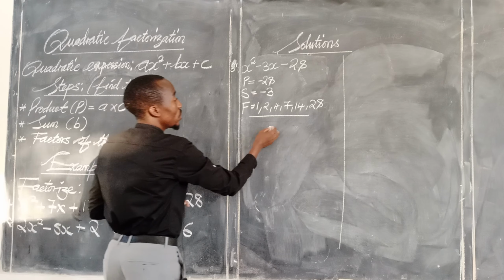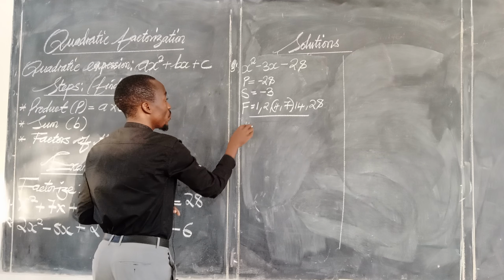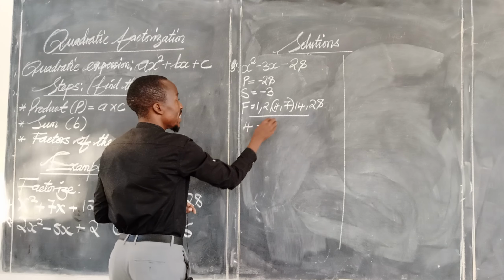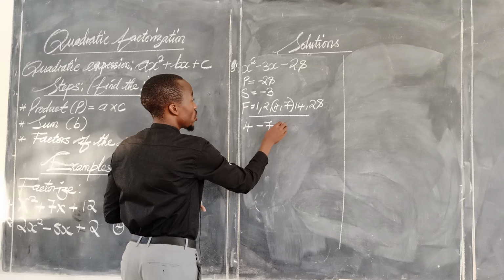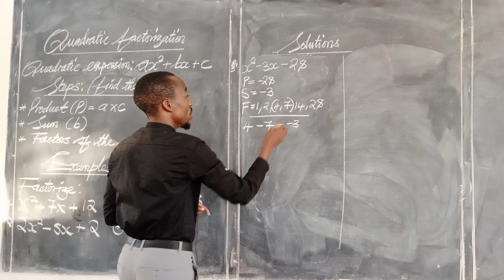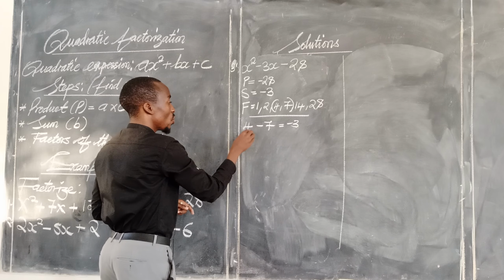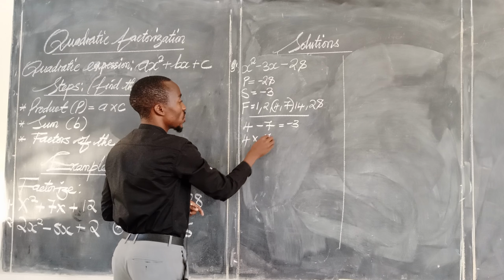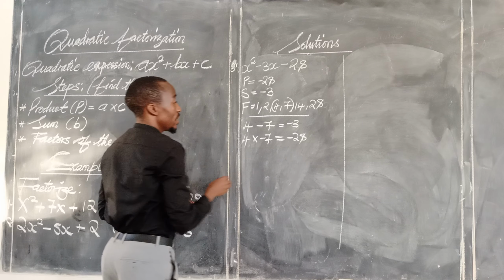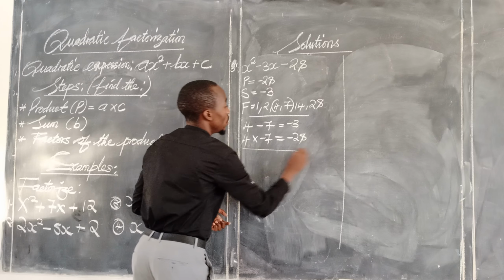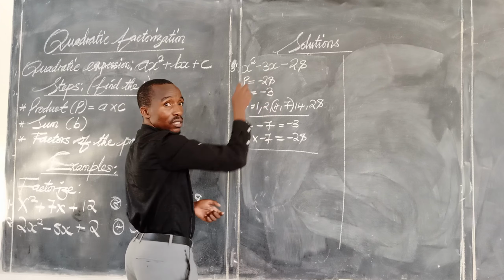So we're going to pick 4 and 7. 4 minus 7 gives us negative 3, because we take the sign from the bigger number. Similarly, 4 times negative 7 gives us negative 28. After we do that, we replace these two factors on the sum.